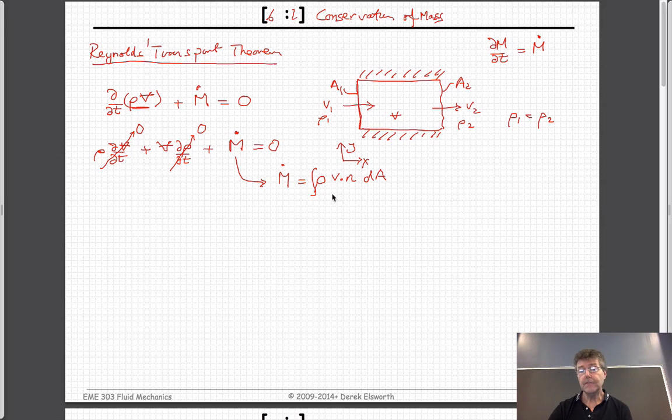The reason we have to state it that way is because this normal-to-the-boundary velocity is relative to this vector here. So this is our normal vector. And so the easiest one to do is the downstream one. So what's m dot 2? We'll do m dot 1 and we'll do m dot 2.